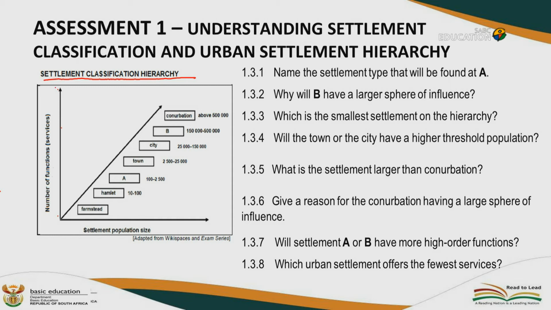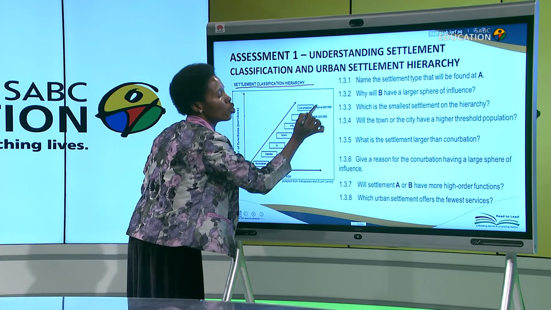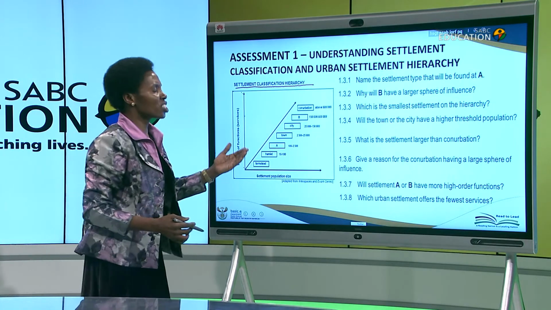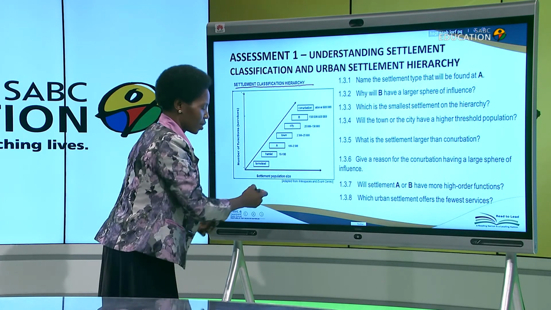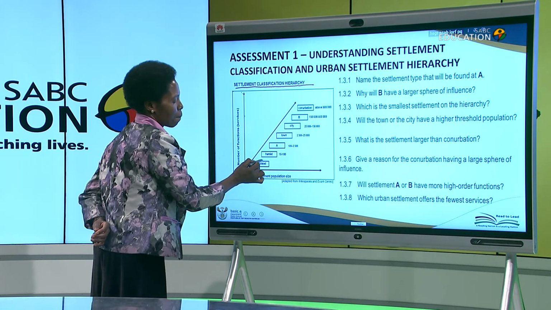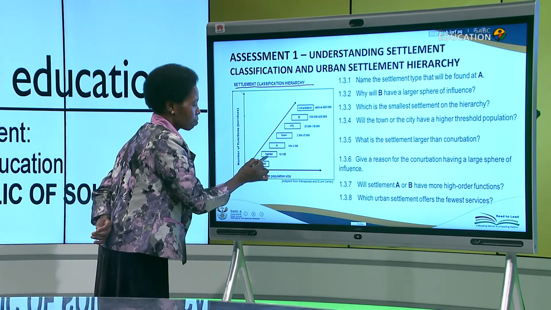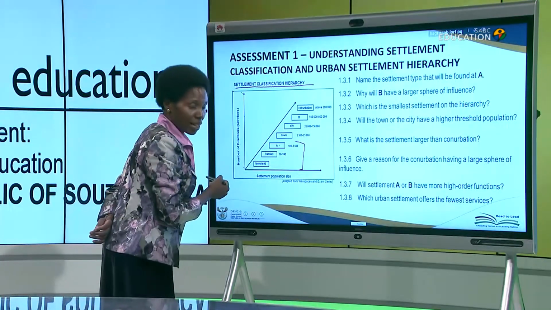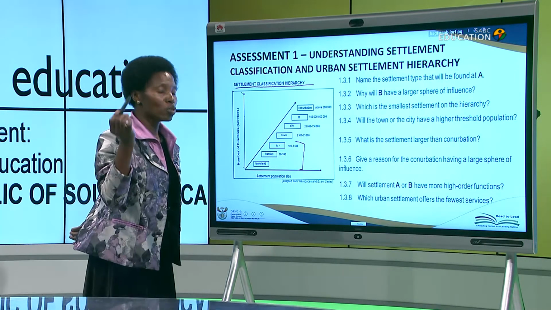This side, they show us the population size. What did they indicate in this graph? They show us that the number of people increases when you go up. And then you can check if you are able to label everything that is here. We have farmstead, hamlet, and village. This one is for rural settlement. But for the one that we're doing today, it's what?